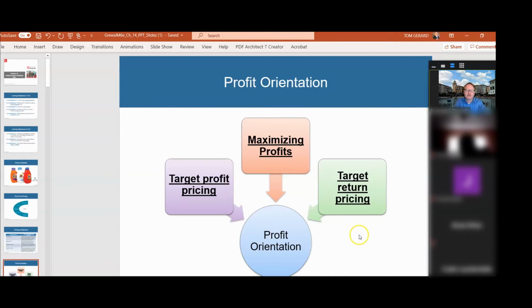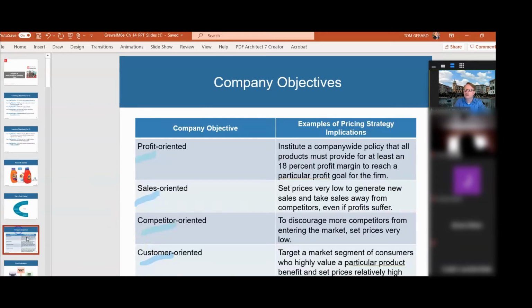Customer orientated. Now this is a little different because now I'm targeting, and again, we talk a lot about this in marketing, a specific customer with a specific product. So I'm selling Ferraris or Lamborghinis or Maseratis, or any other vehicle that sells for hundreds of thousands, if not $1 million. You have a particular product and a particular customer that you're aiming at.